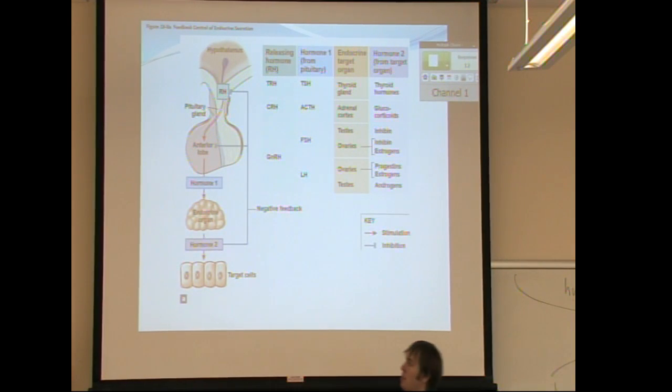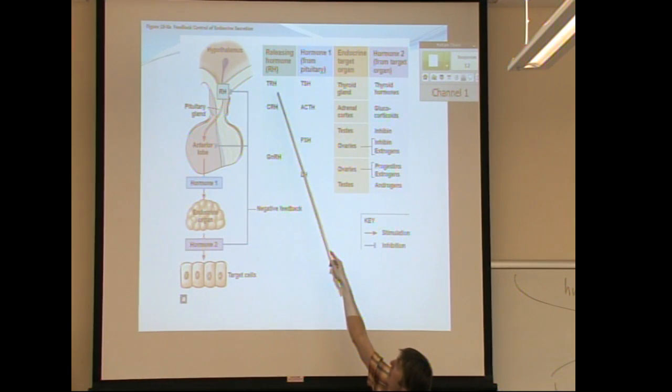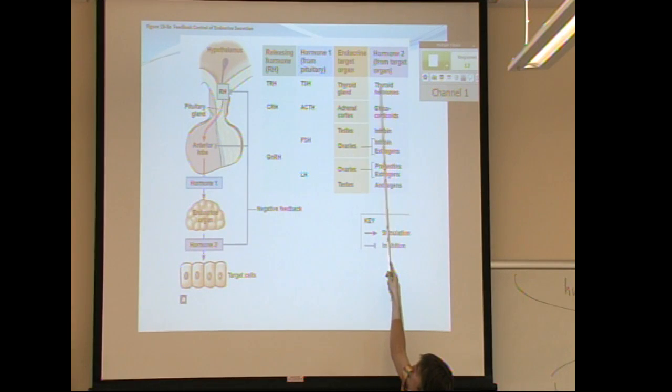And that's basically true of all of them. This is a pretty cool diagram because you can look at all of them and see the feedback. So all these purple hormones go back and inhibit their specific green hormone. Like thyroid hormone inhibits TRH and it inhibits TSH.